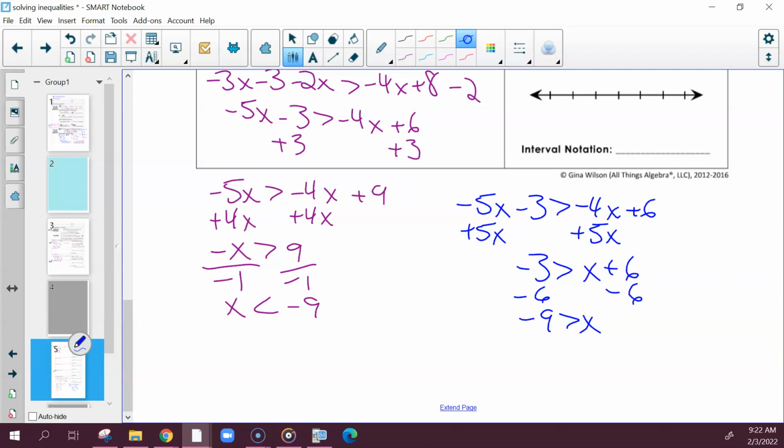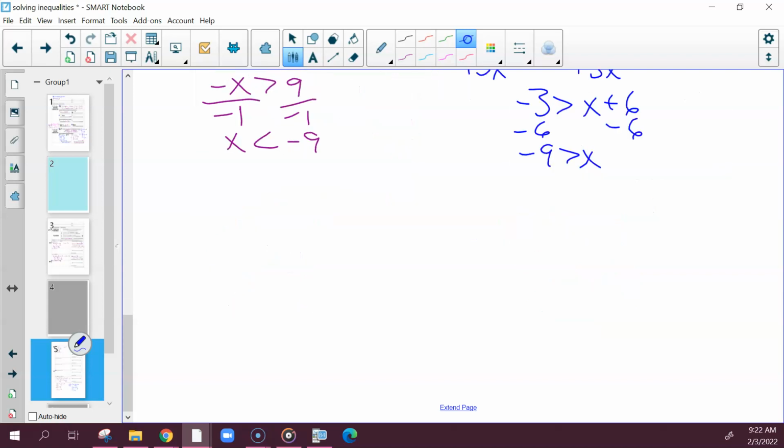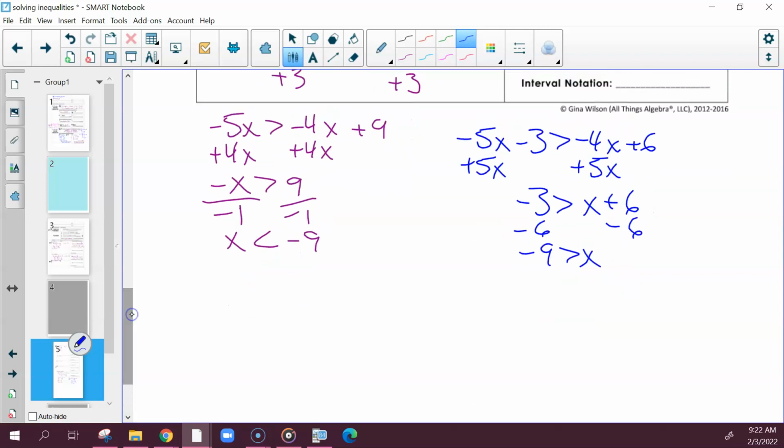They're just written differently. Could you change this to this? Yes. When you flip it around, you need to make sure wherever this is pointing to or from stays the same. So here, this is pointing towards the x. So when I flip it around, it needs to still point towards the x so that you get the same thing.